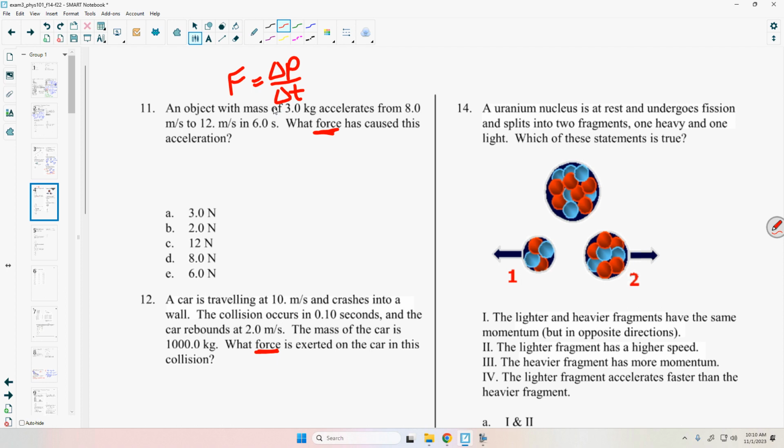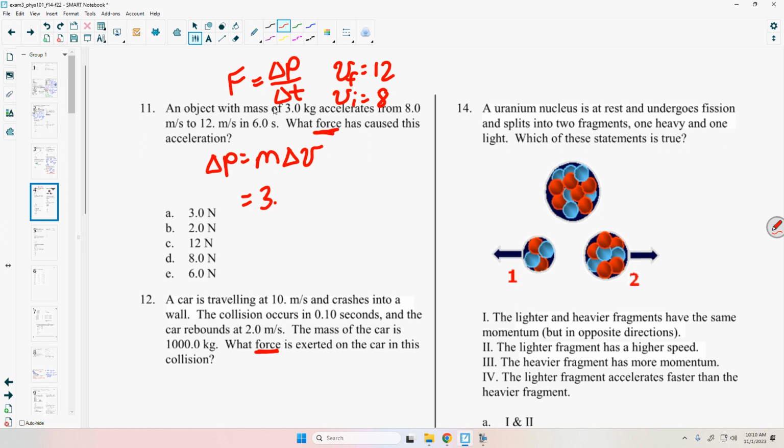Okay? You want me to do those or y'all cool? I'll do number 11 and we'll see if y'all want to do number 12. So delta P is equal to the mass times my change in speed. And so the key here is going to be determining the change in the velocity. Notice that VF is equal to 12 and VI is equal to 8. So that means that delta V is going to be 12 minus 8, or 4.